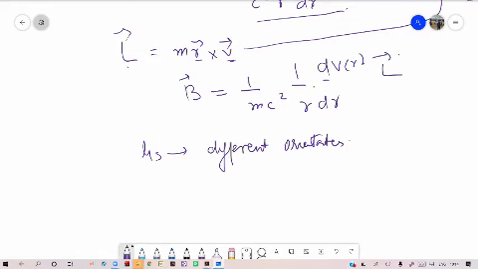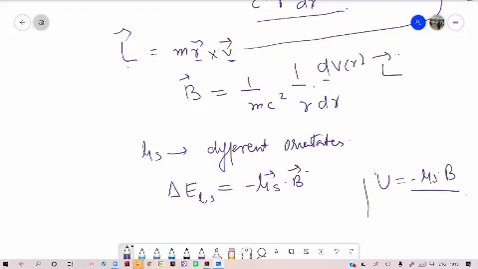So there is an interaction, and we write delta E, the energy because of the orbital and spin interaction LS. This is a potential energy. It is minus mu s dot B. We already know that U is equal to minus mu dot B, that's the magnetic energy.